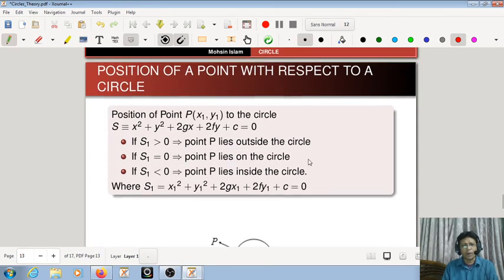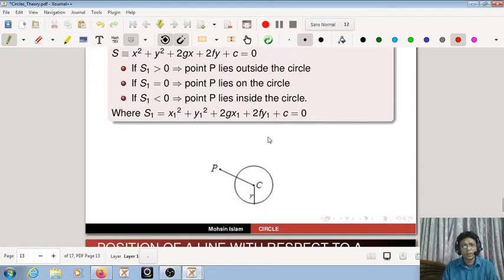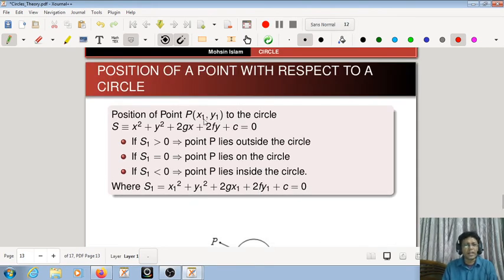Next, I will talk about the position of a point with respect to a circle. Look at that, P is a point and C is the center of the circle. Suppose P is the point (x1, y1), and S is the general equation of the circle. If you substitute the point in the circle equation to get S1, then if S1 is greater than 0, point P lies outside the circle.